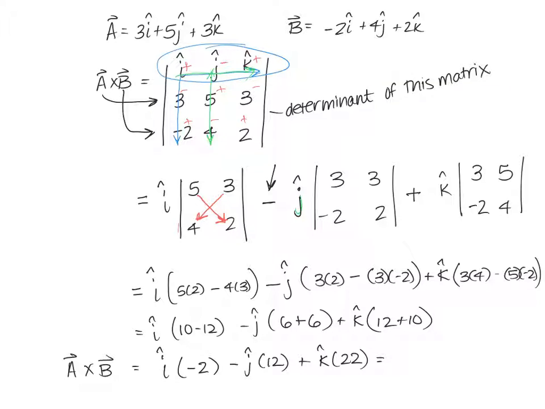So the answer is A cross B is minus 2i minus 12j plus 22k. And that is how we can calculate the cross product of two vectors when they're written in unit vector form.